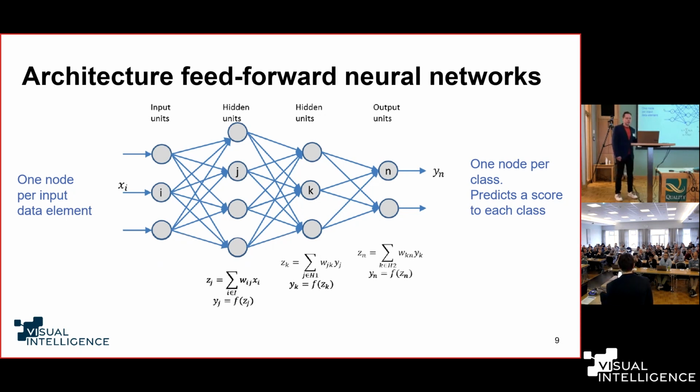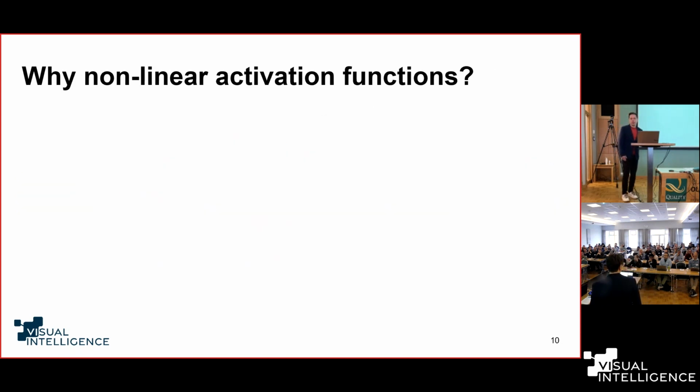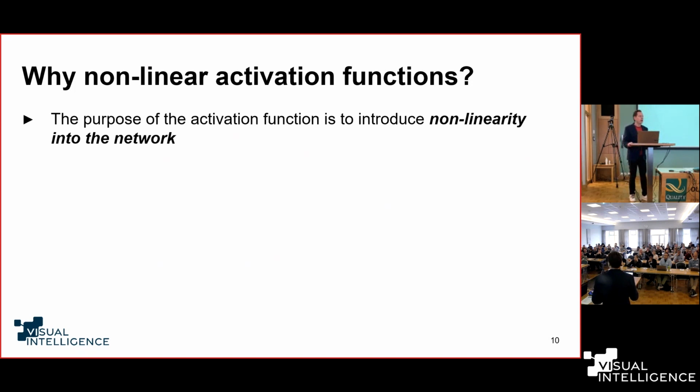So the question to ask is, why a nonlinear activation function? Well, there are some reasons for that. The first one is to introduce nonlinearity into the network, because the response could be very complicated for what you try to do.